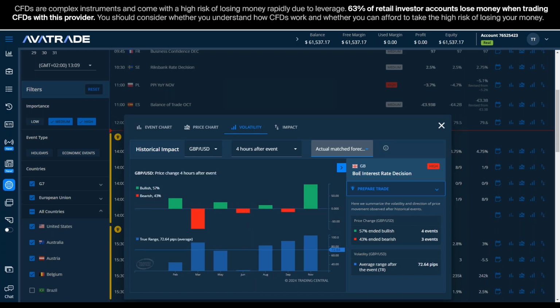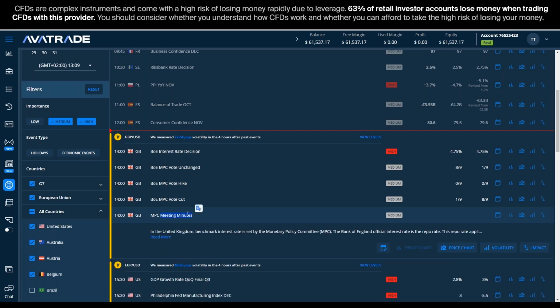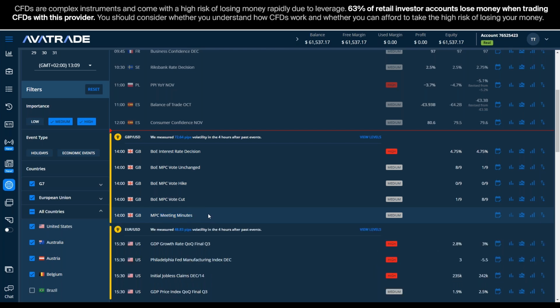So unless you're going to pay attention to the meeting minutes and read through them and understand what's in the meeting minutes, that's probably what will move the market one way or another. Just like yesterday's press conference after the US rate decision is really what moved the markets.